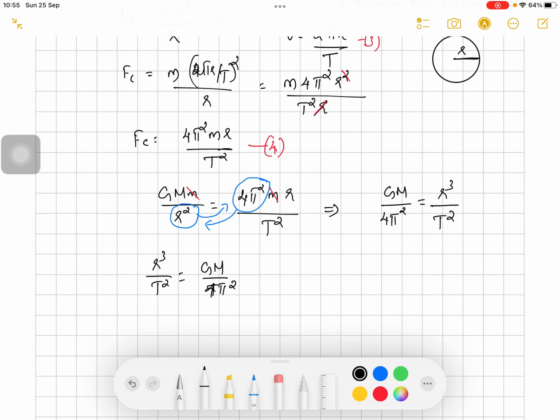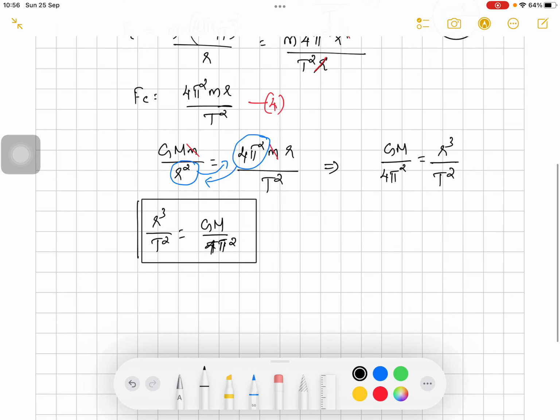This is Kepler's ratio, r cube by T square, and this ratio depends upon the gravitational constant and the mass of the star, the Sun, around which all the planets are revolving. 4 is a constant number, pi is also a constant.